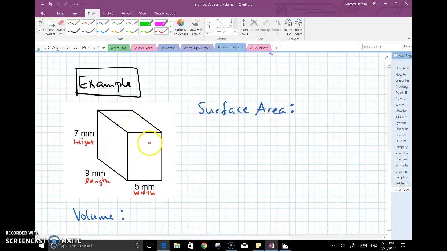I have this here that I can see, but there's also a duplicate of this, another surface just like that one, but it's at the back. It's right here. So I have to consider that. Likewise, I can do the same thing, same idea, with all the other surfaces.